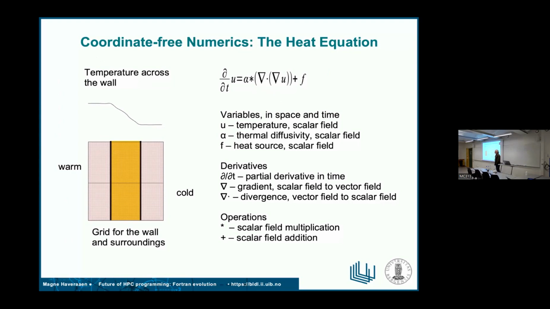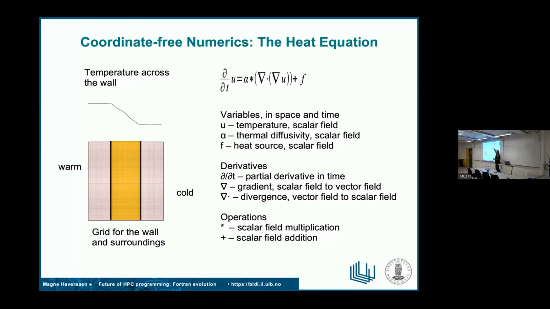Yes? So these derivatives are computed numerically, or do you use automatic differentiation? No, this is numerical. All of these things are represented as large data structures and functions or procedures working on those data structures.